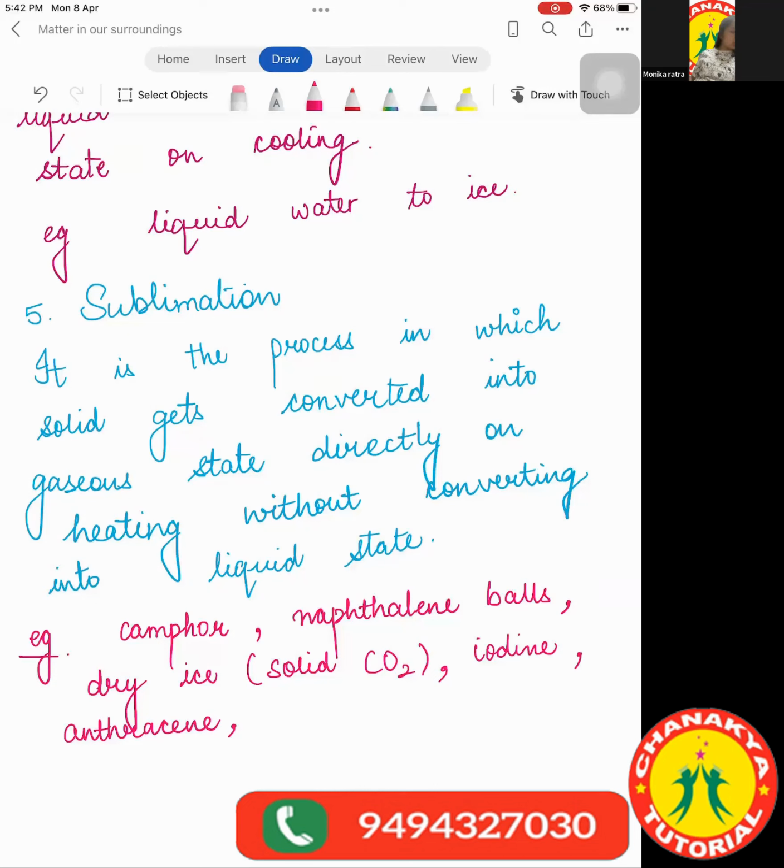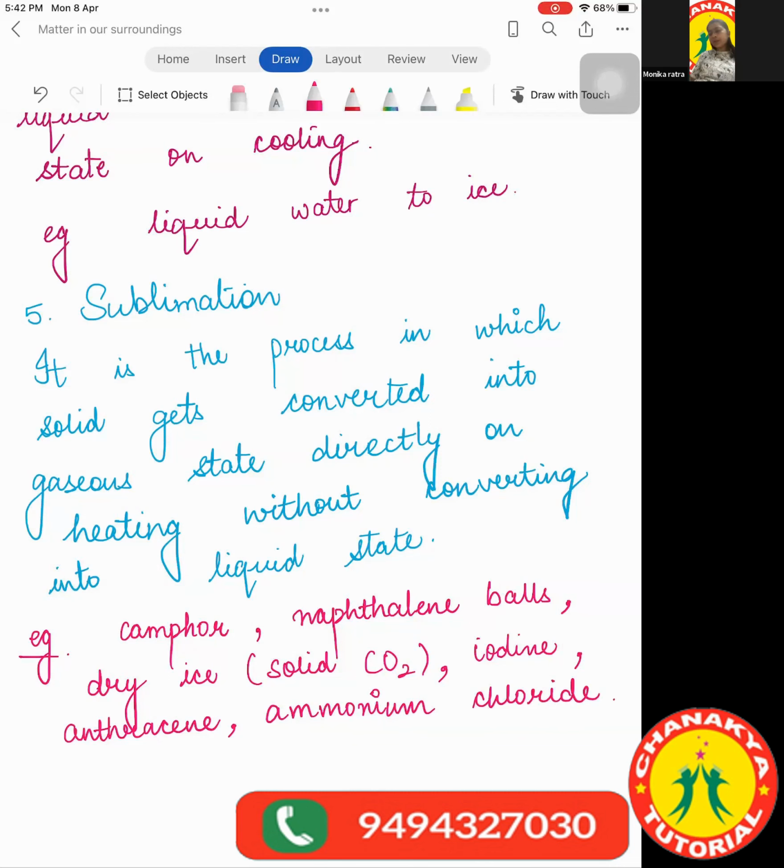If at all they are in the solid state, then you can consider them. But then those air fresheners also contain these substances only. Fine. Oh yes, now I remember. Ammonium chloride. Very, very important example. I'll show you a video also. Ammonium chloride. Apart from that, naphthalene I have told, dry ice I have told. I think that's all.